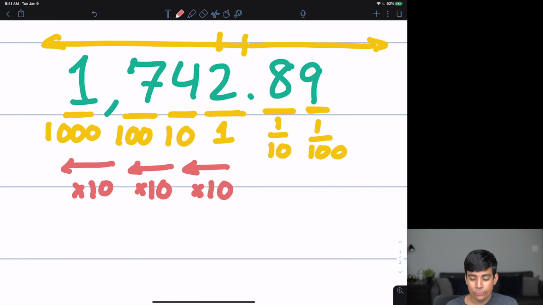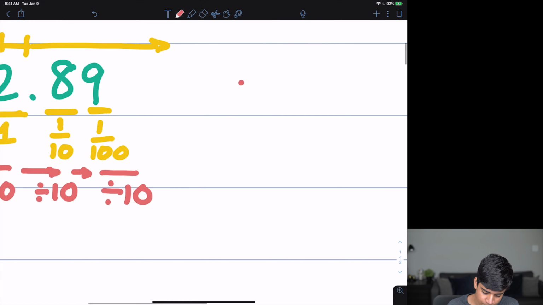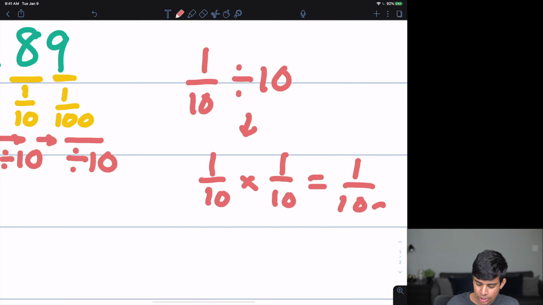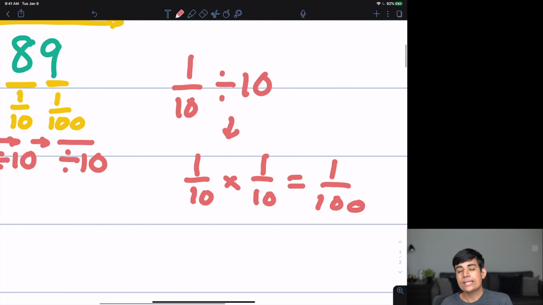Now when you go to the right, 1 divided by 10 is 1/10. And then 1/10 divided by 10 again is 1/100, because 1/10 divided by 10 is really equivalent to 1/10 times 1/10, which equals 1/100. Just in case you were not familiar with that, 1/10 divided by 10 is 1/100.